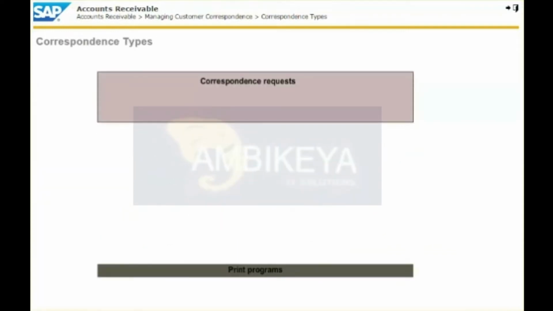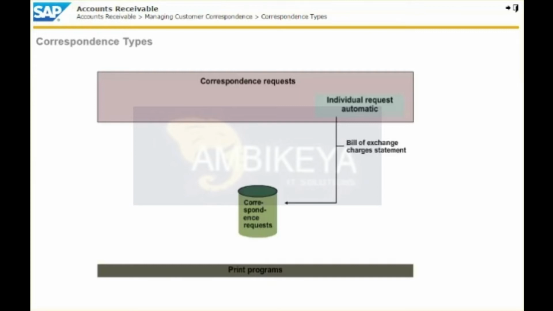Correspondence relating to daily business first has to be requested before it can be printed. A correspondence request can be carried out automatically when special transactions such as bill of exchange charges, statement, or payment differences such as payment notice are posted manually by the accounting clerk.